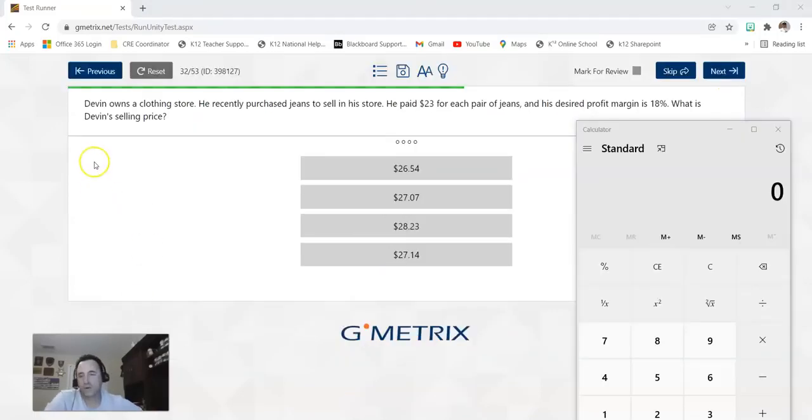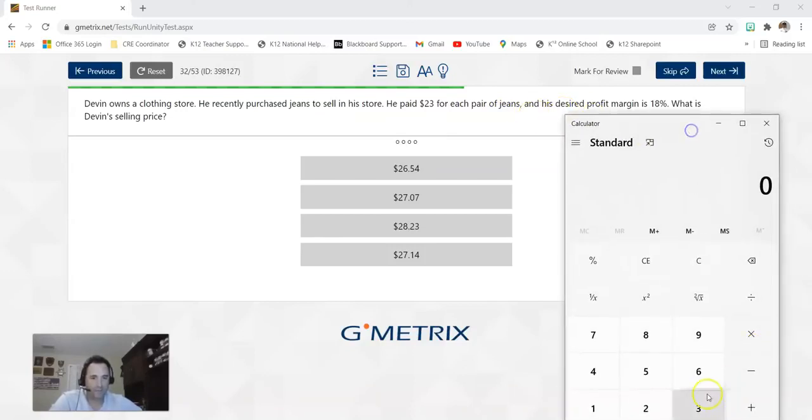All right, another question that is the same as the previous two. If you notice a trend, these are the types of questions on the test that we must know 100%. So Devin owns a clothing store, recently purchased jeans to sell in his store. He paid $23 for each pair of jeans, and his desired profit margin is 18%. What is Devin's selling price?